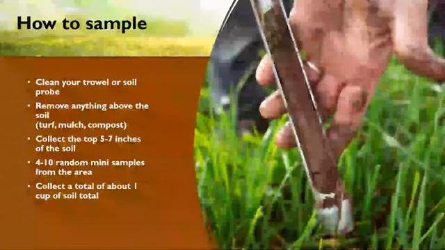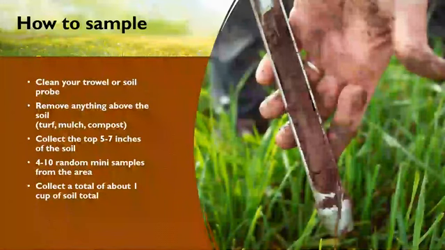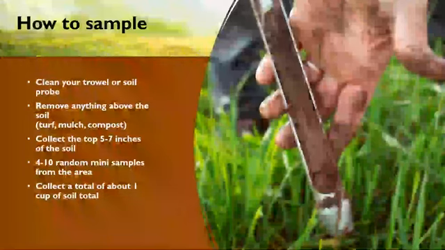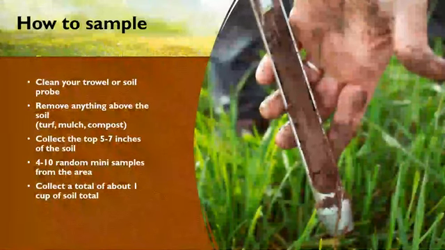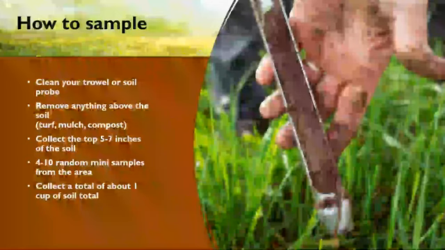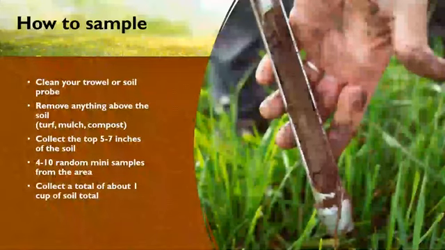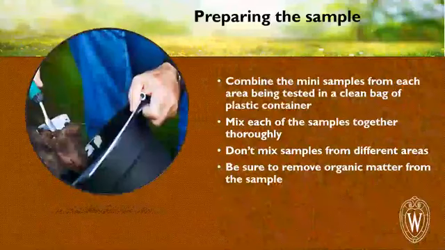Mini doesn't mean less than 5 inches or less than 7 inches. It just means you're going to do 4 to 10 of those soil samples that are 5 to 7 inches deep. If you're using a trowel, you can take smaller amounts than you would get with the soil probe. But you're basically going to collect all of that. You need at least about 1 cup of soil. And then in the next slide, we're going to talk about what you do with that.